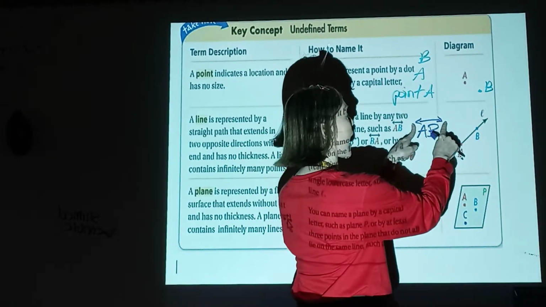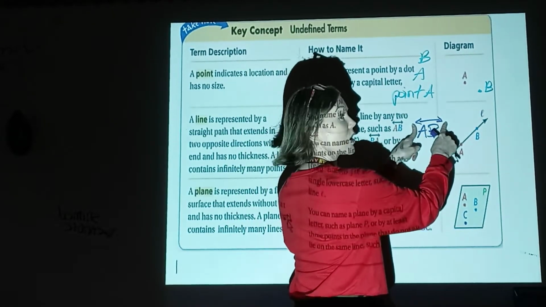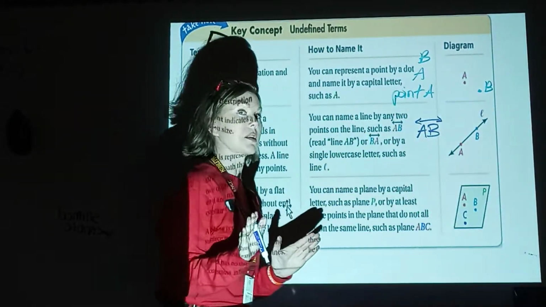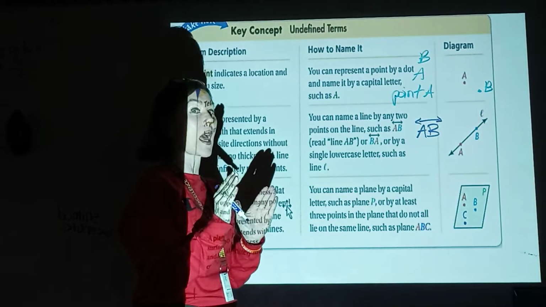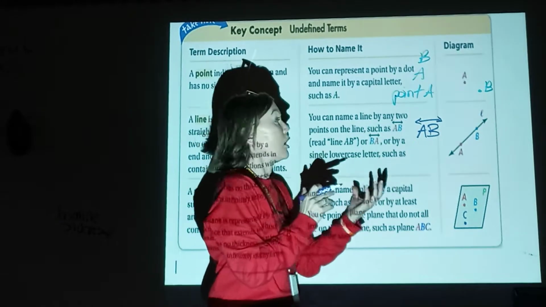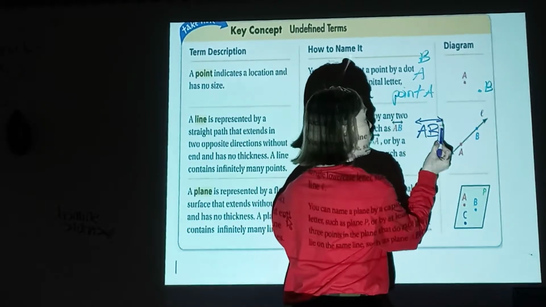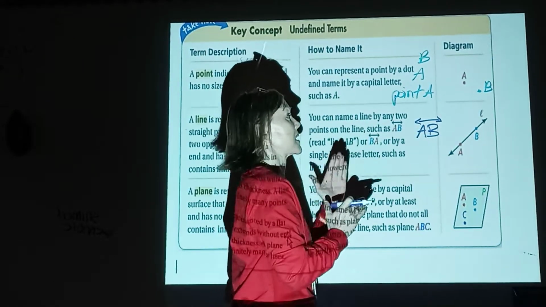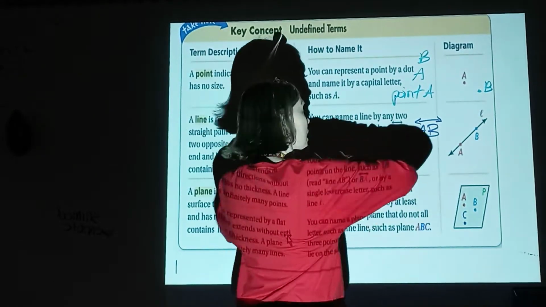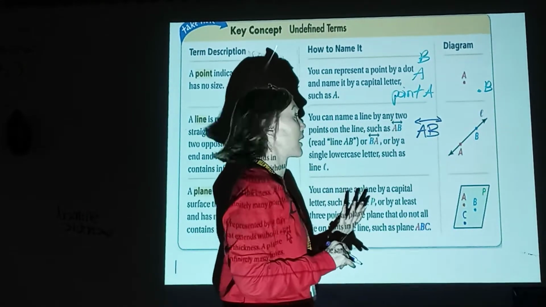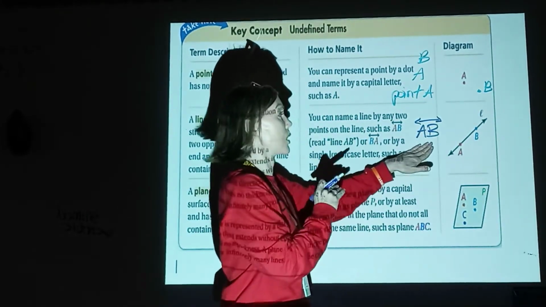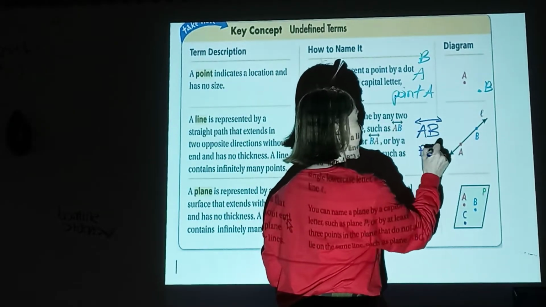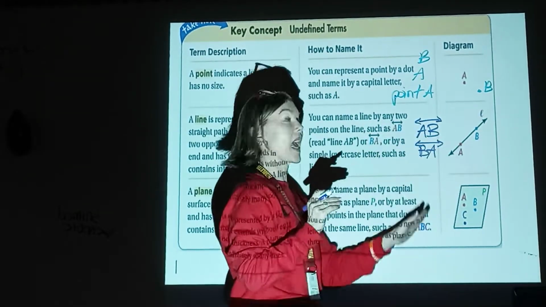And these 2 arrows tell you that this goes on to foreverness in both directions, okay? So that's why with a line, you must have the 2 arrows on both ends. That's how you know it's a line, because a line goes on forever, okay? You can write it AB, or you can do the opposite and write it BA.